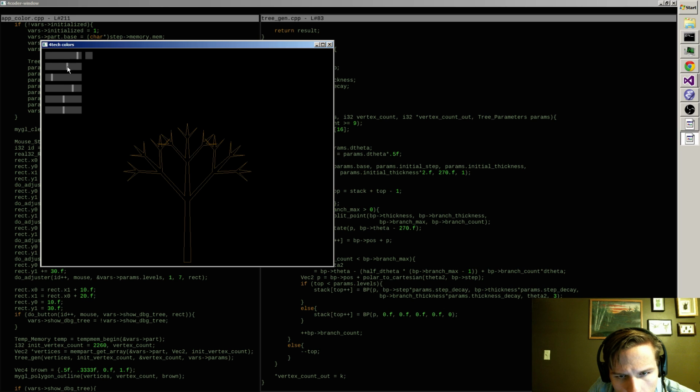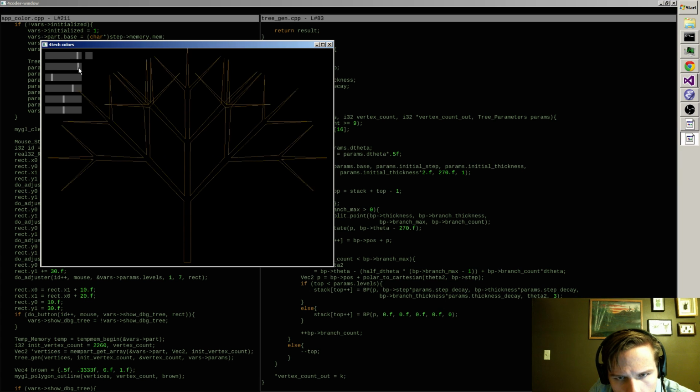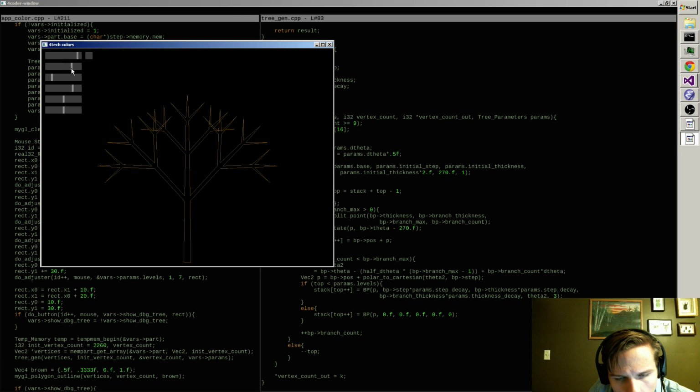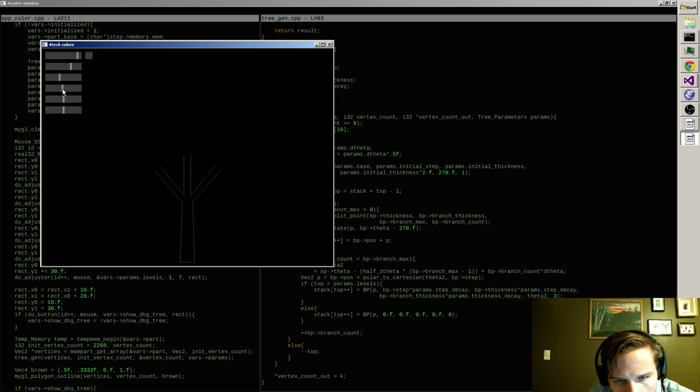So here is the branch decay. You can see it gets a little weird when those get too small or too big. I still gotta do the thing where sub-branches of branches don't do that. And there's thickness, initial thickness, and then there's thickness decay. Whoa. So right there, the math probably stopped working.